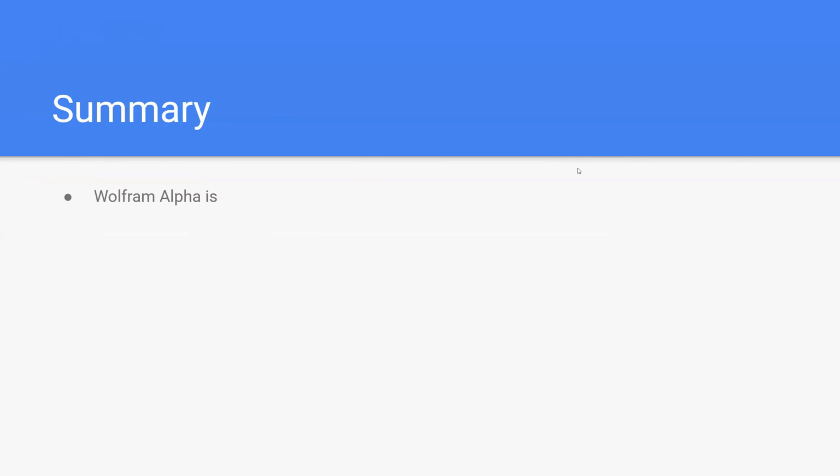To summarize, Wolfram Alpha is accurate. It's a good visual tool that is excellent for verifying answers, but it does not always provide detailed explanations. It's great for getting quick answers and visualizing functions, but it doesn't always show the steps involved.